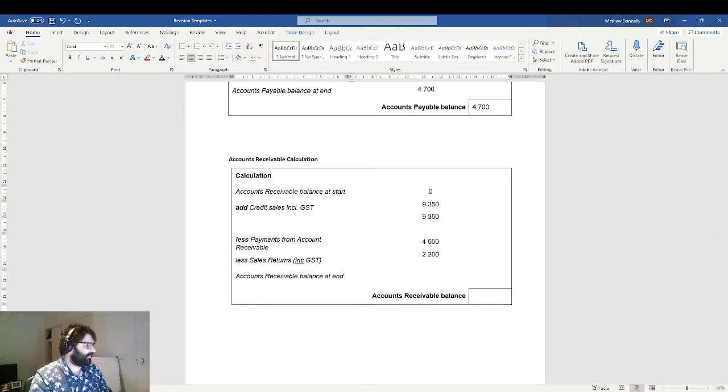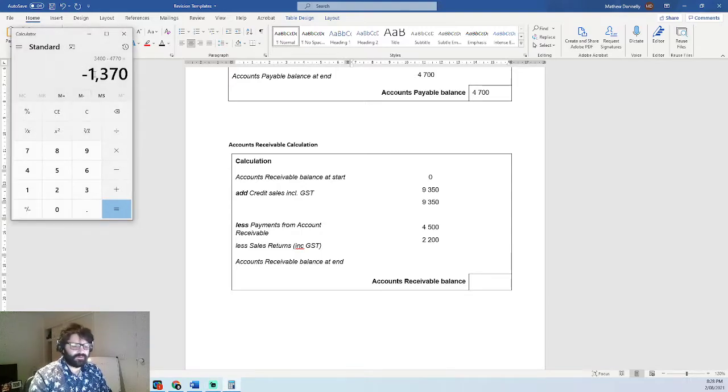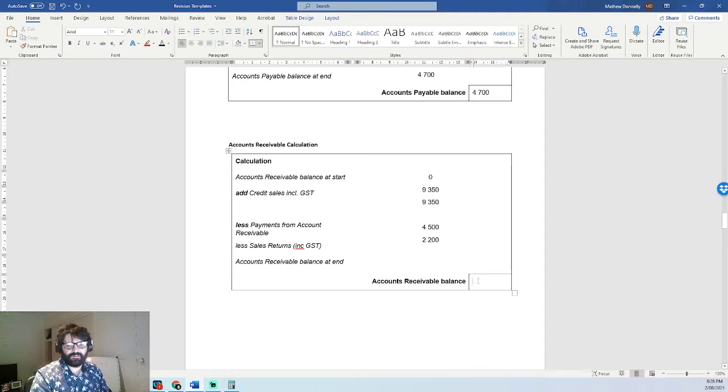Oh, haven't got the calculator up. Now we do. You can see the calculator here. We go 9350 minus 4,500 minus 2,200. 2650.